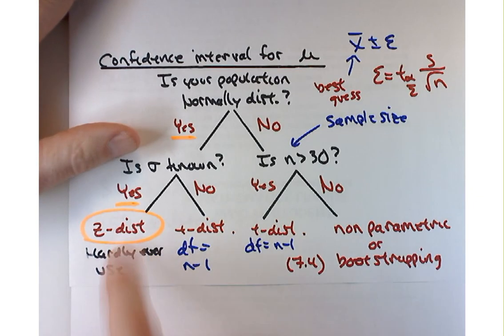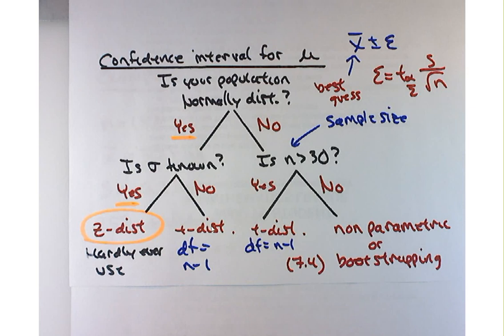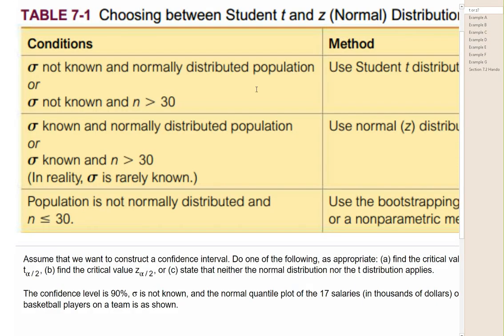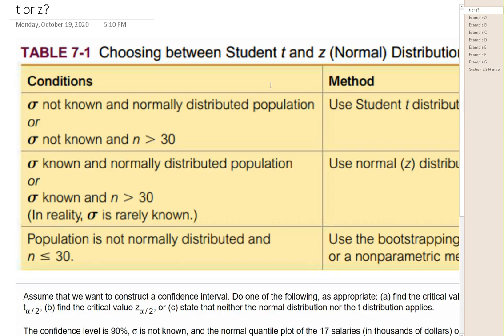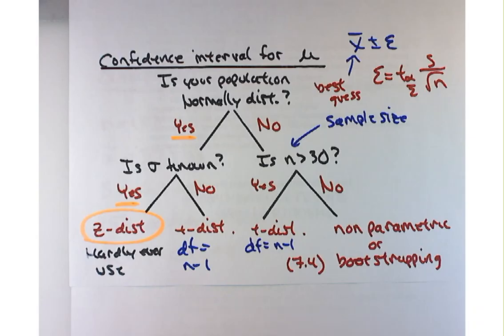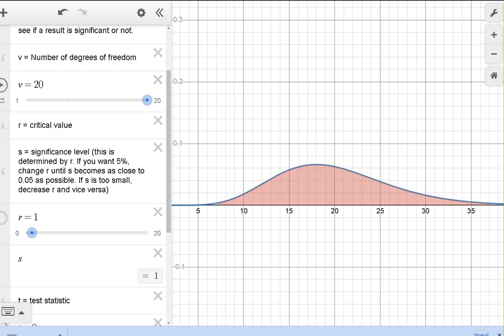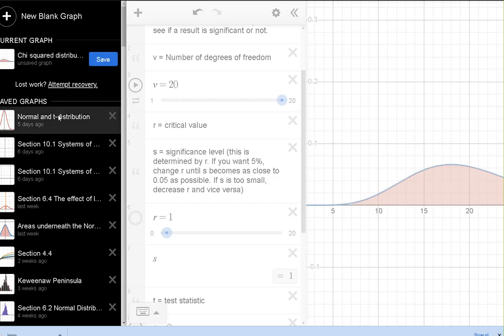The thing about the t-distribution is that it starts to look a lot like the z-distribution. We saw that the other day. Let me see if I can pull it up. Yeah, here we go.